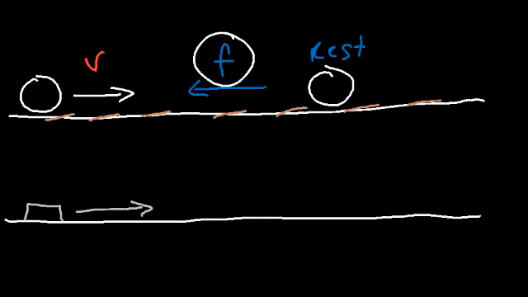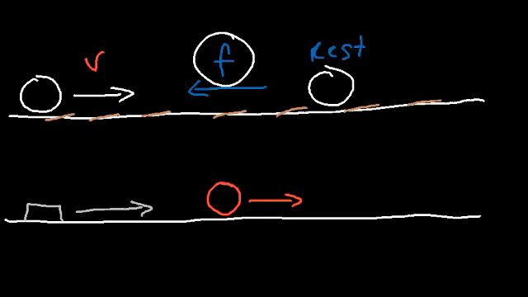Now let's say we use a ball and roll it on ice. Let's say you put it on a frozen lake and you roll it across the lake. It's going to roll for a very, very long time until it comes to rest. Now why is that? Why is it that if we roll a ball on a rough surface, it takes a very short time to come to rest?